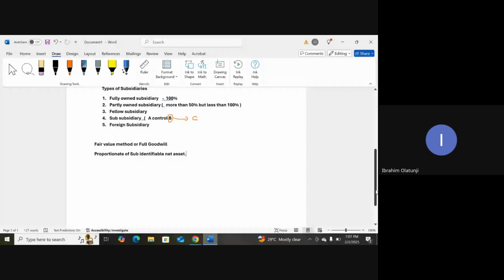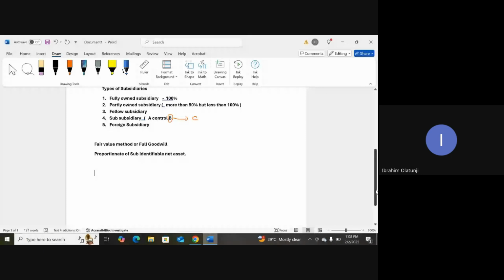Whether the question is telling you to prepare the consolidated statement of financial position, it is the consolidated financial statement. Can we move on? Yes, sir.